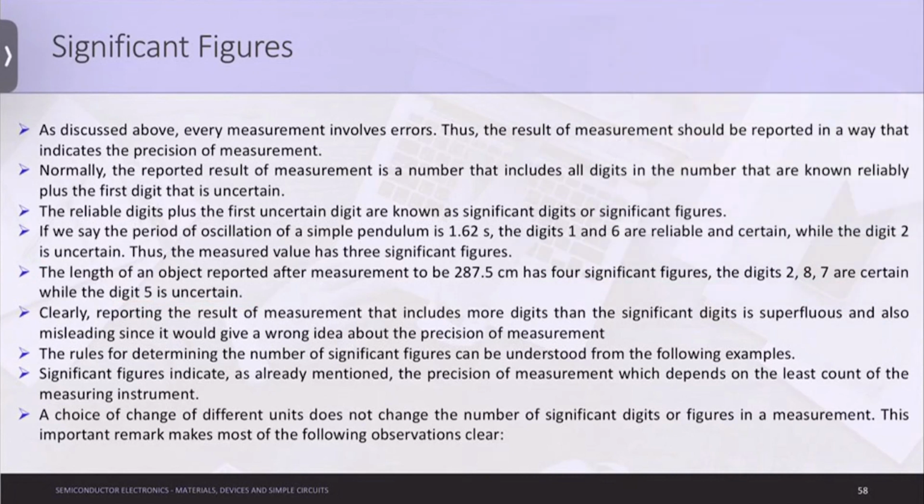Next thing says that clearly, reporting the result of measurement that includes more digits than the significant digits is superfluous and also misleading, since it would give a wrong idea about the precision of the measurement. Quite evident. Let us say for example, the measured value came out to be 2.63 meters.